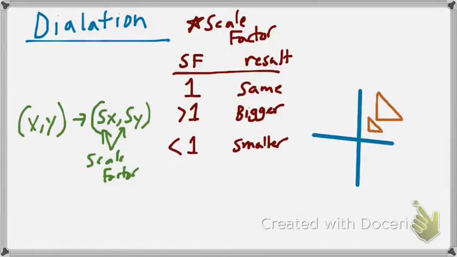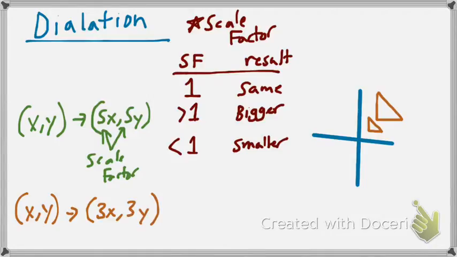So if you saw that right there, what type of transformation is that? It's a dilation, but how are we dilating? What's happening? It's getting bigger. 3 times bigger. It's getting triple the size. So it should be simple enough.